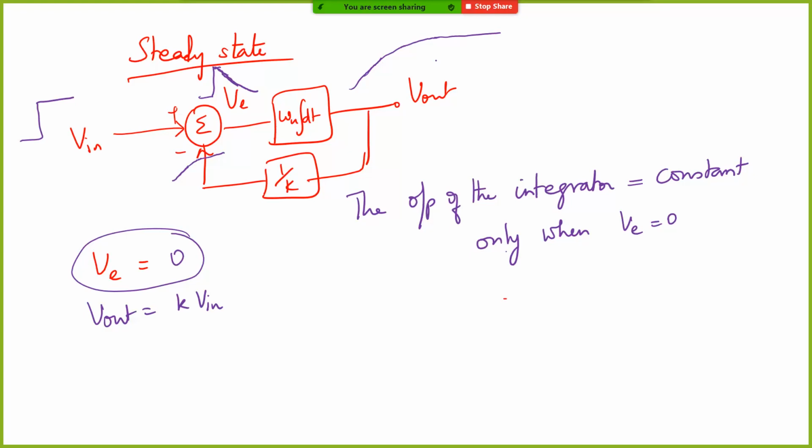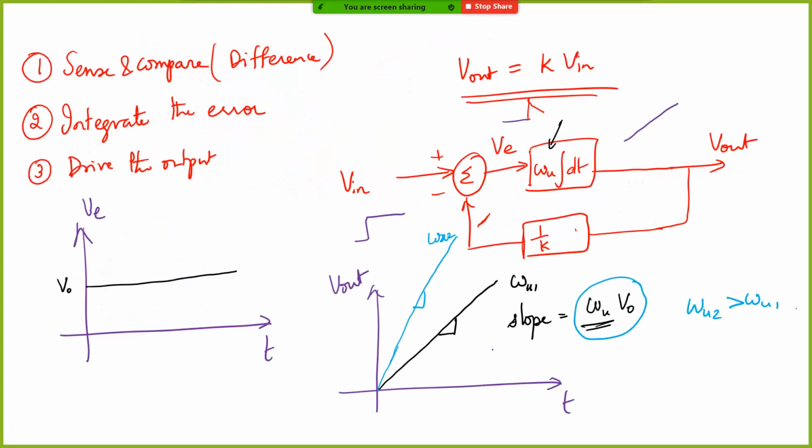Sir, can you tell why the rate decreases when it is about to reach steady state? Okay, good question. So what is the rate? That's why we looked at this here. What is the slope with respect to time for the error input?